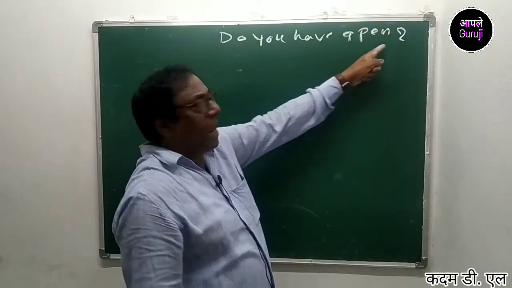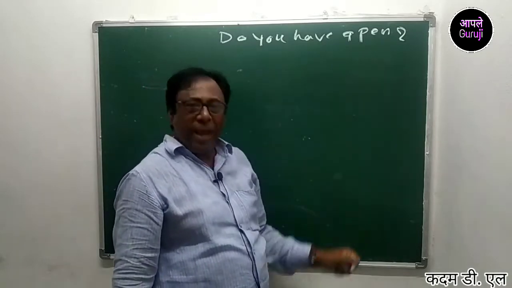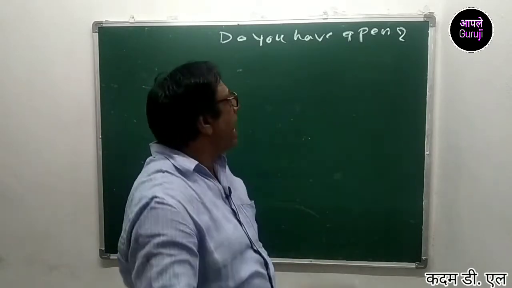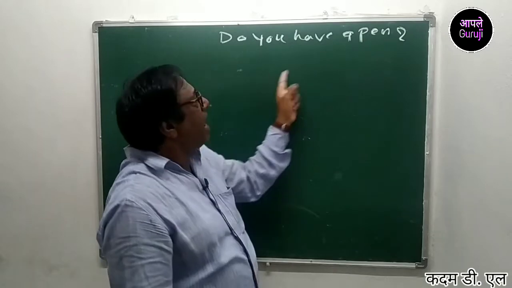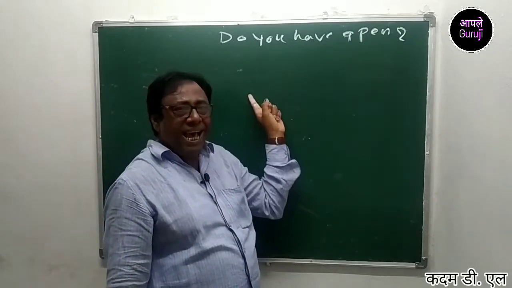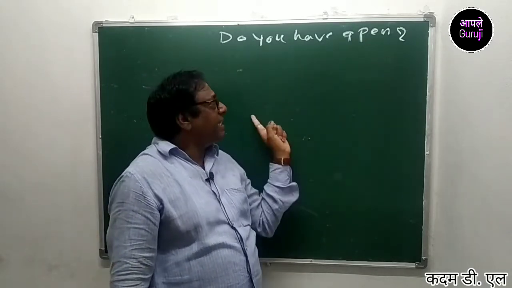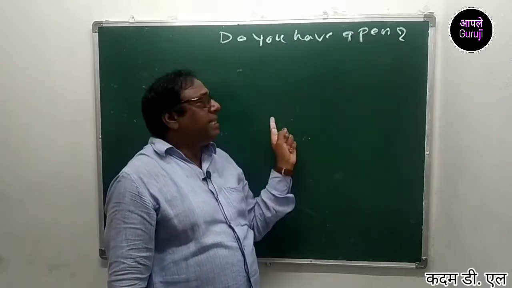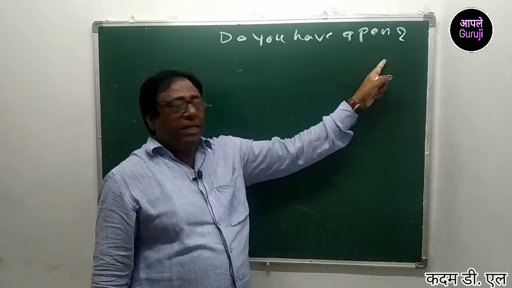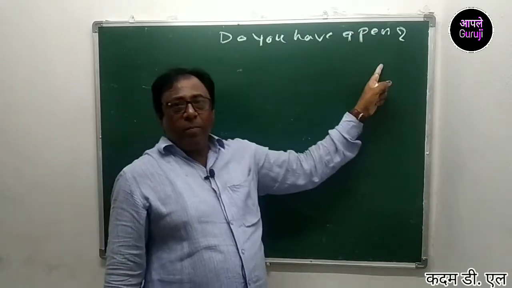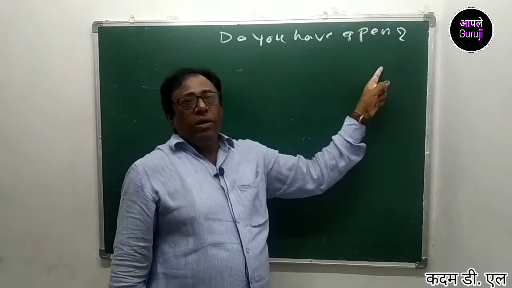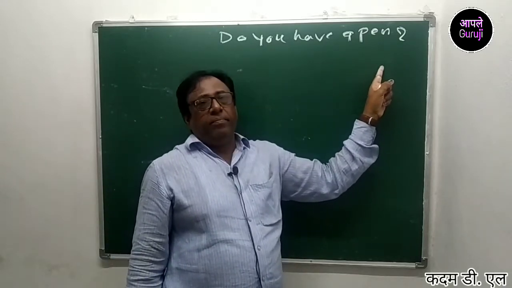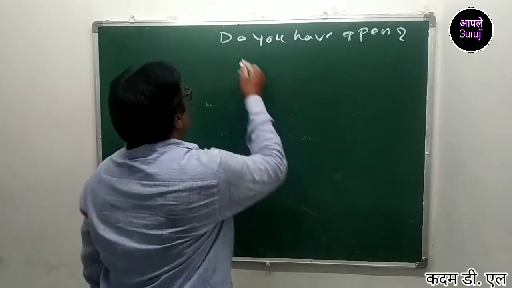Do you have a pen? If yes, yes, I have a pen. He will say yes sir, I have a pen. Yes sir, I have a book. Yes sir, I have a red marker. Yes sir, I have 10 rupees. Yes sir, I have a fair notebook, etc.